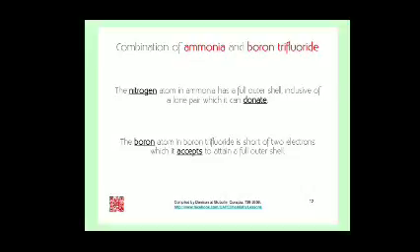Now here is one example, the combination of ammonia and boron trifluoride. The nitrogen atom in ammonia has a full outer shell inclusive of a lone pair which it can donate.